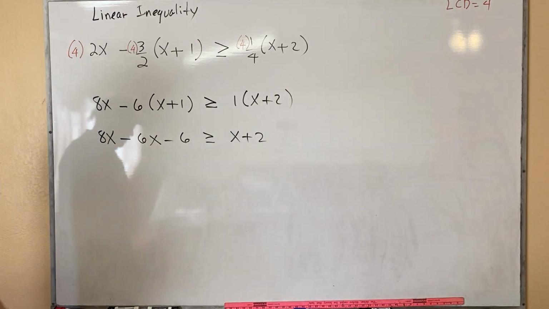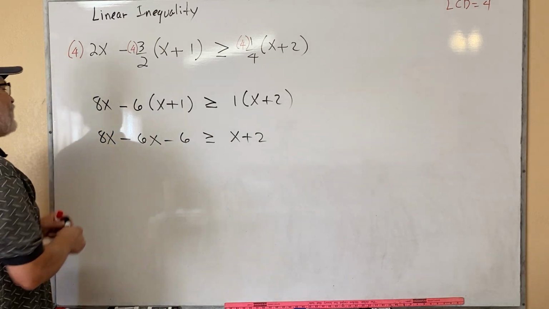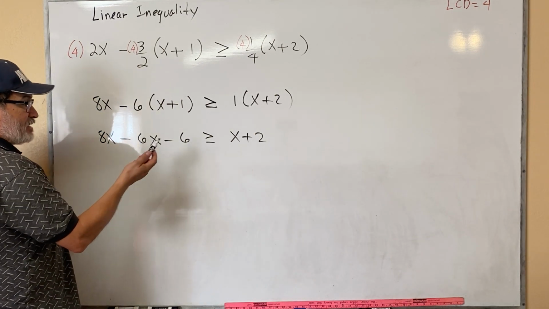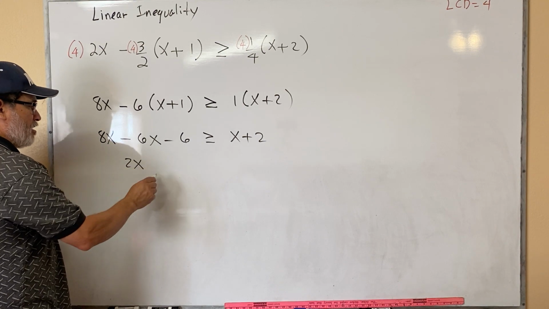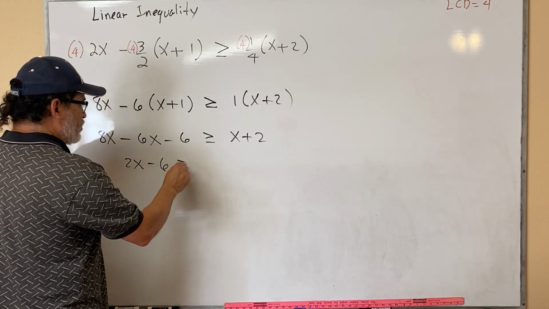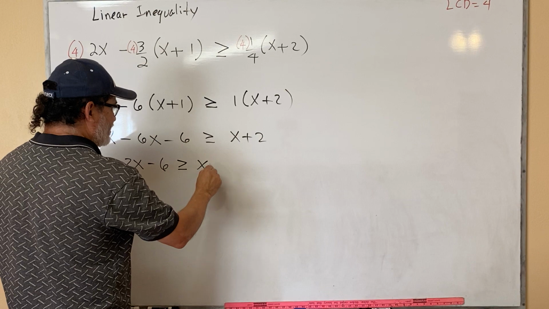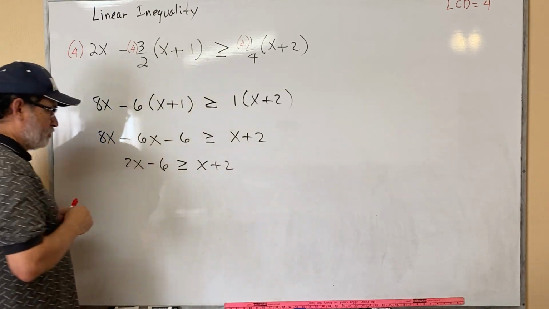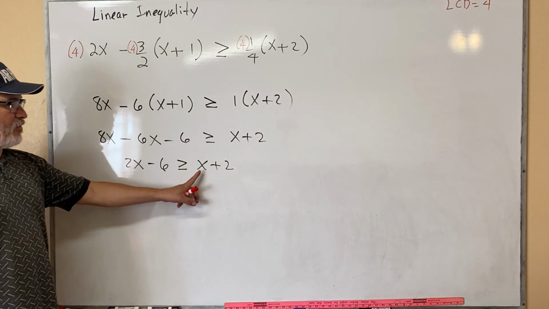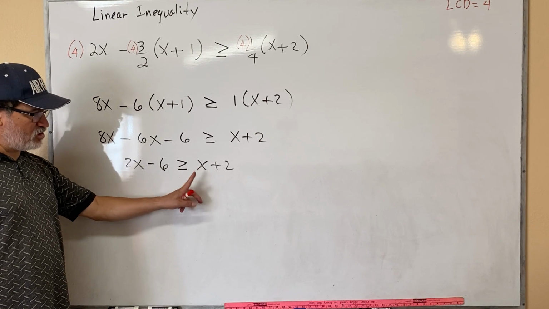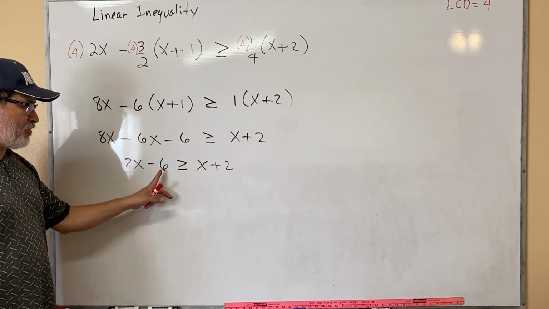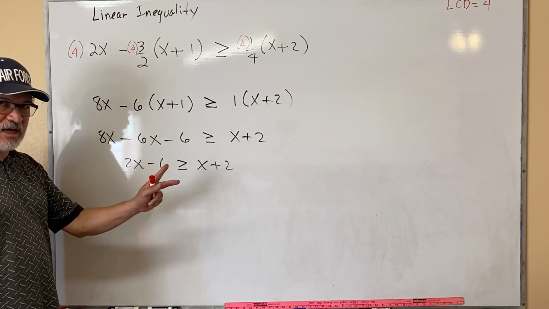And here we go. And so now I'm gonna simplify, and so therefore we get 8x minus 6x is 2x minus 6 greater than or equal to x plus 2. Okay, I'm going to subtract this x from both sides. Just bring this x to the left. And I'm going to add 6 to both sides.